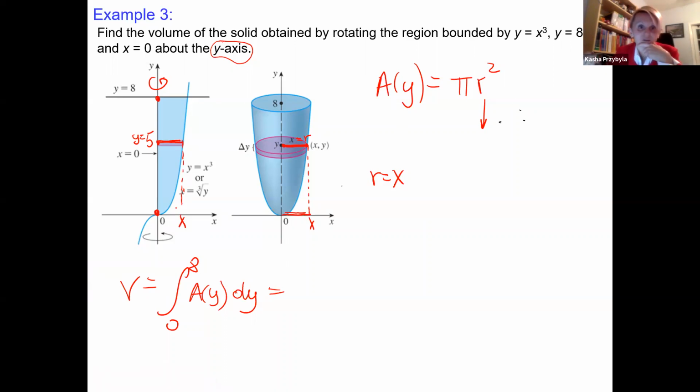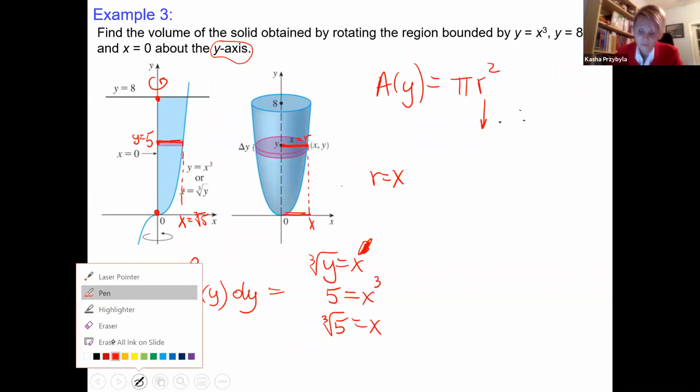How can I compute this? My function is defined as x cubed, so if this is 5, I can just take the cube root. This will be the cube root of 5. So if this is just y, I can compute x and I will have the cube root of y.